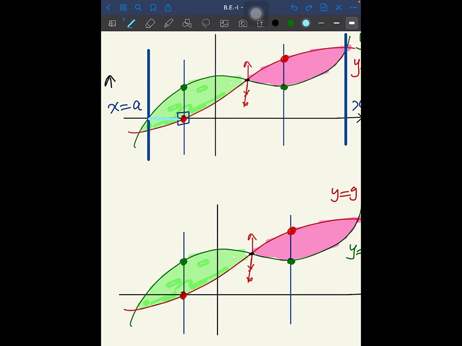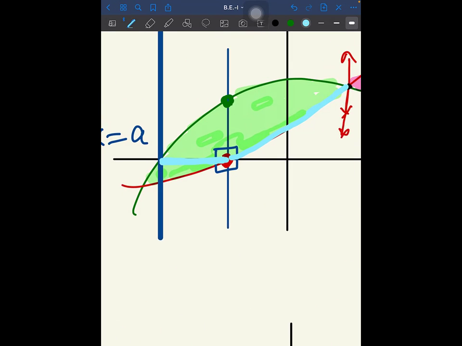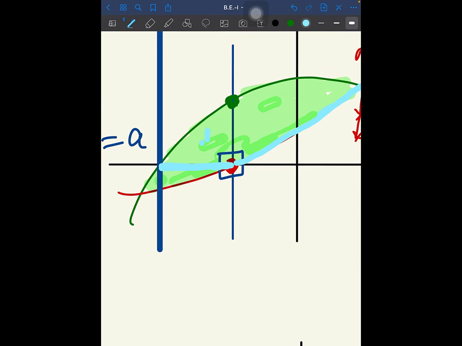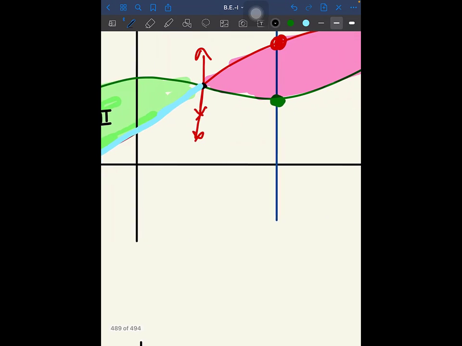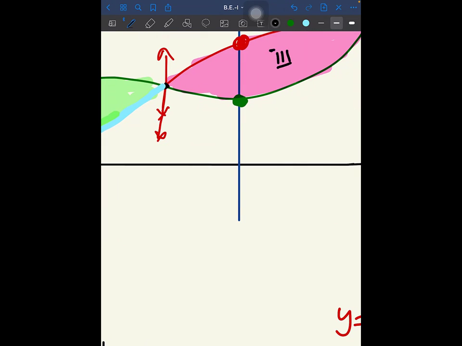That means from here to here, and then you start your y from here to here. Okay, so this is your first part, this is your second part, and this is your third part.